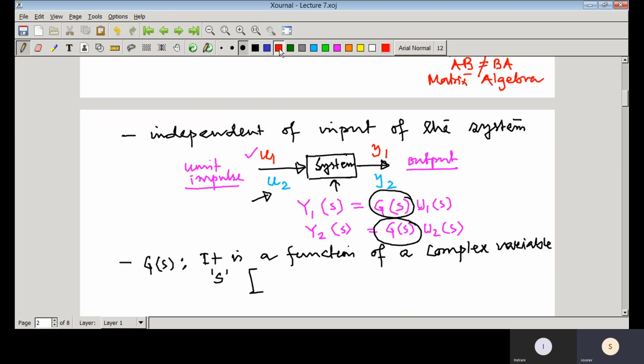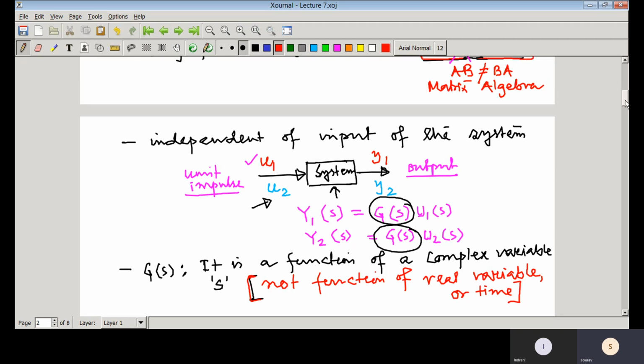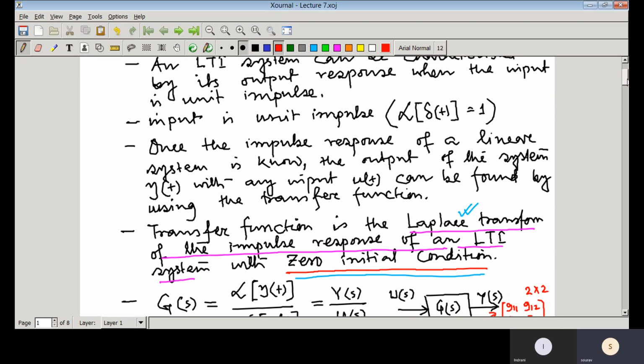In bracket, it is very important that it is not a function of a real variable or time. You should remember this thing. That means this Laplace transform is a function of a complex variable. It is not a function of any real variable or time. So these are the important features of the transfer function.